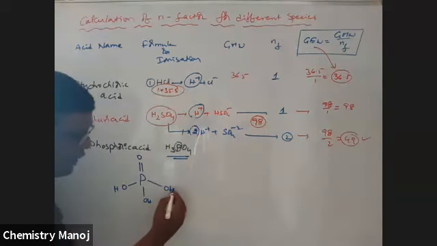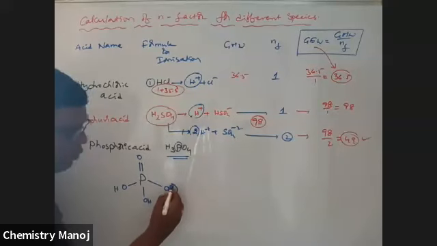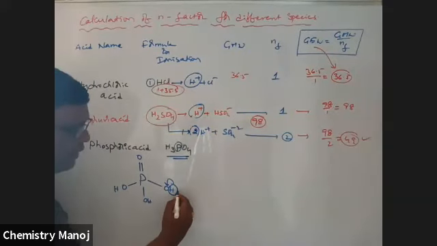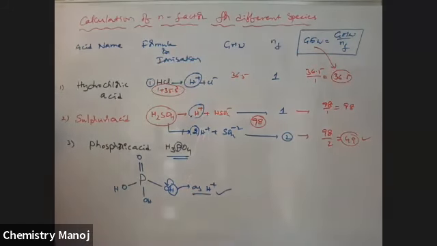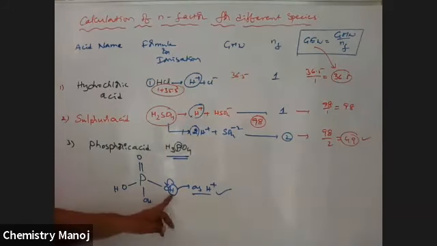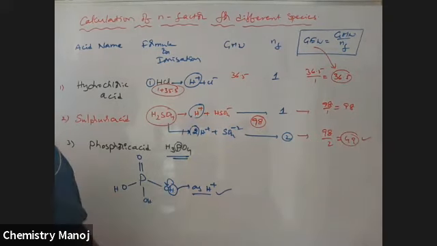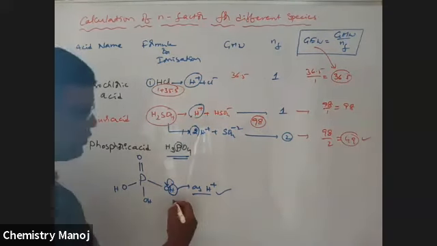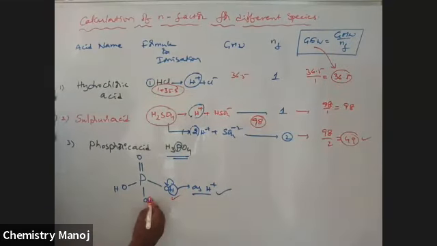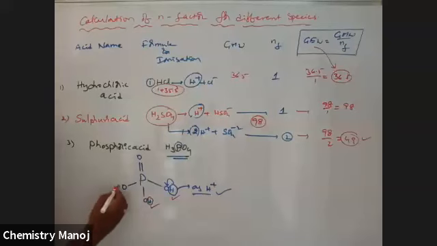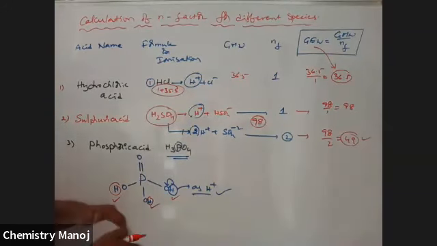The hydrogen which is connected to oxygen is released as H plus. Only a hydrogen connected to oxygen is released as H plus. This one also releases hydrogen because it is connected to oxygen. This is also connected to oxygen. That means 3 hydrogens may be released.